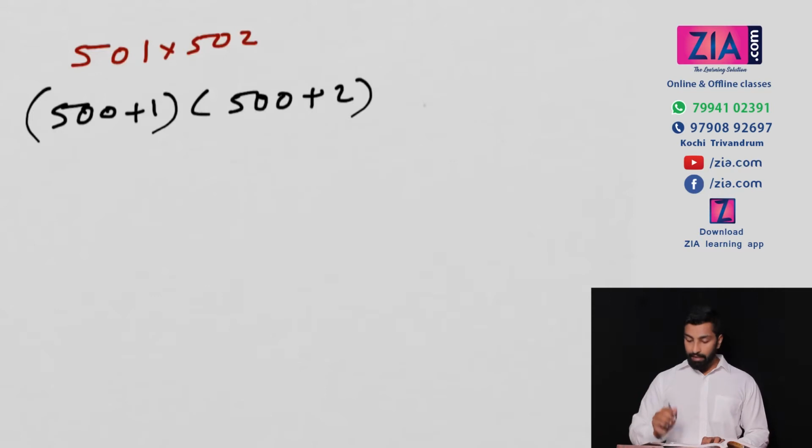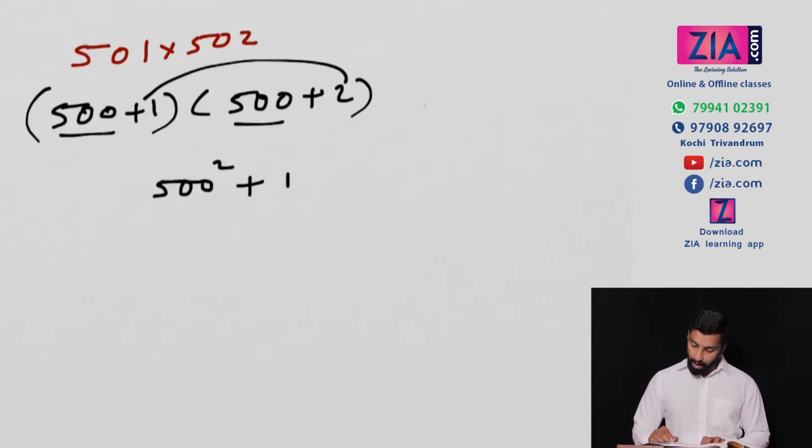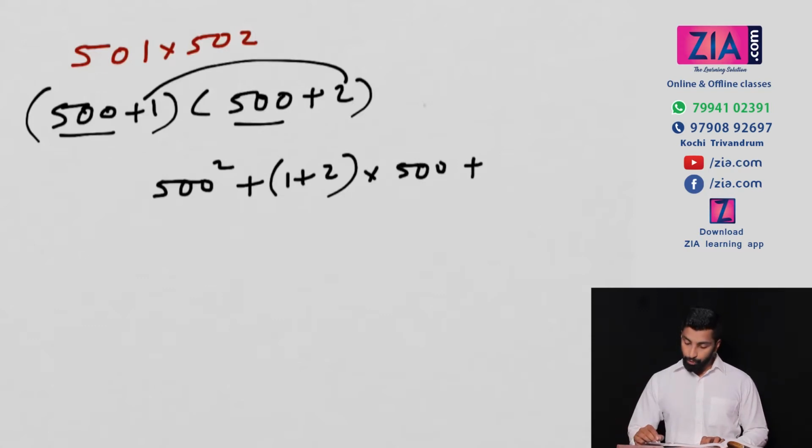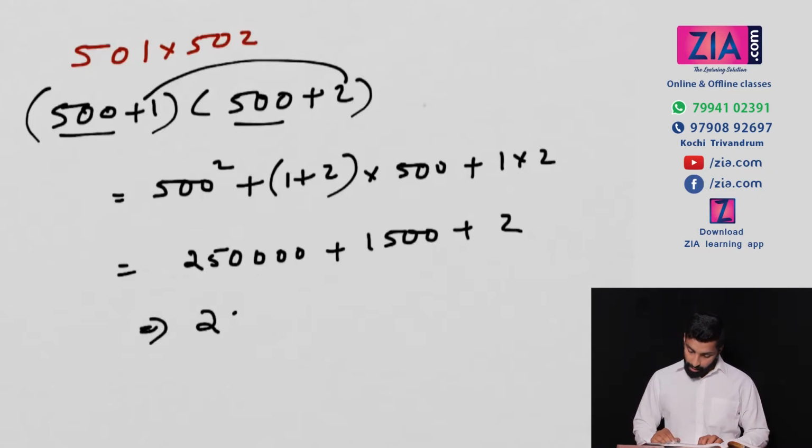What is your answer? X square, so here x square means 500 square, plus sum of this two, that is 1 plus 2 into 500, plus product of 2, that is 1 into 2. Now when you do this calculation, you get 2,50,000 plus 3 into 500, that means 1,500, plus 1 into 2, that is 2. So what is your answer? 2,51,502. That's your answer.